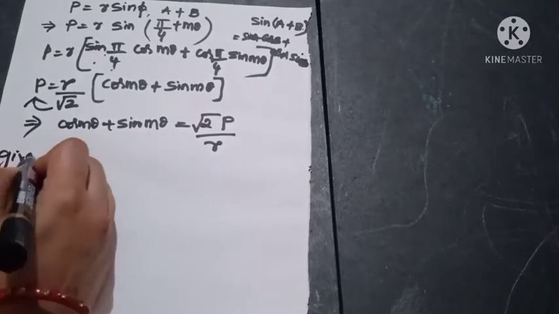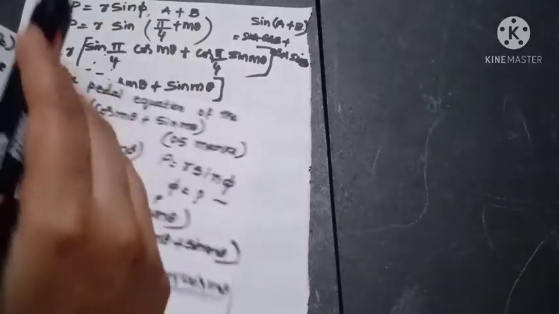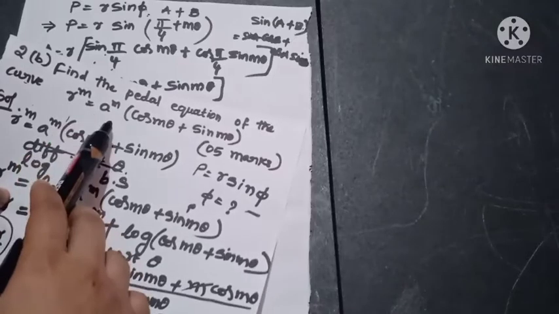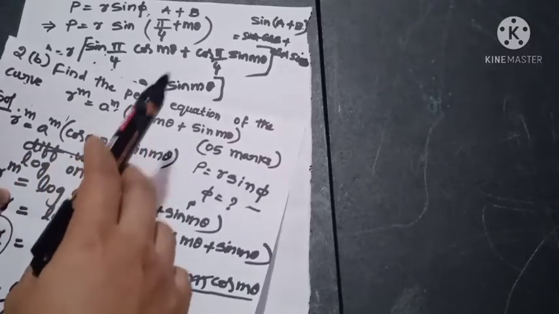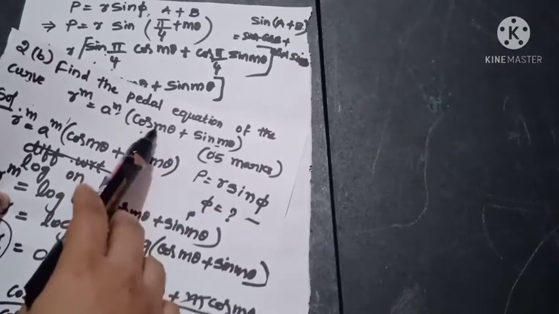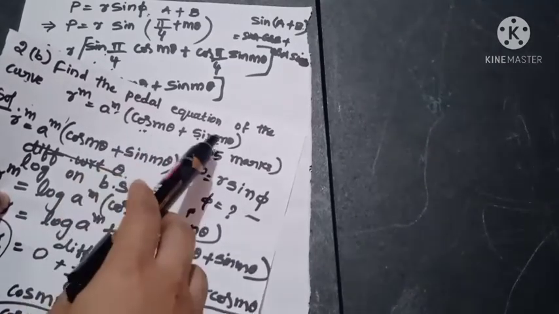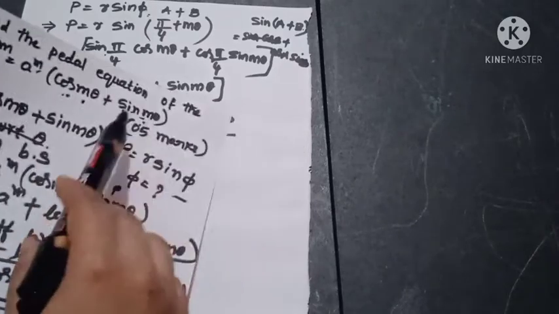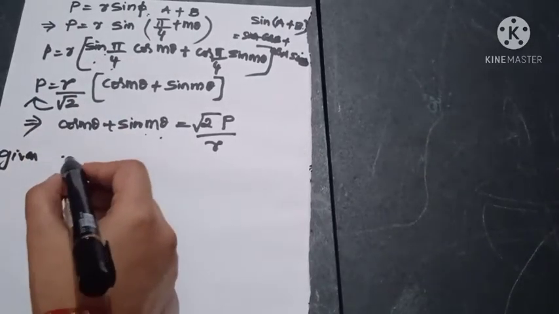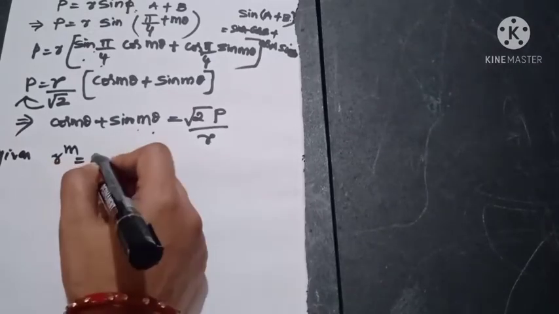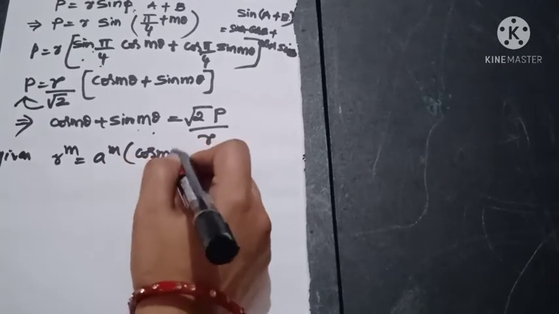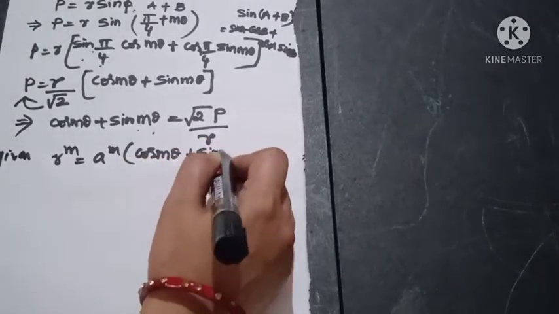In the question, the curve in polar form is r to the power of m is equal to a to the power of m into cos m theta plus sin m theta. The final step is the elimination of theta.